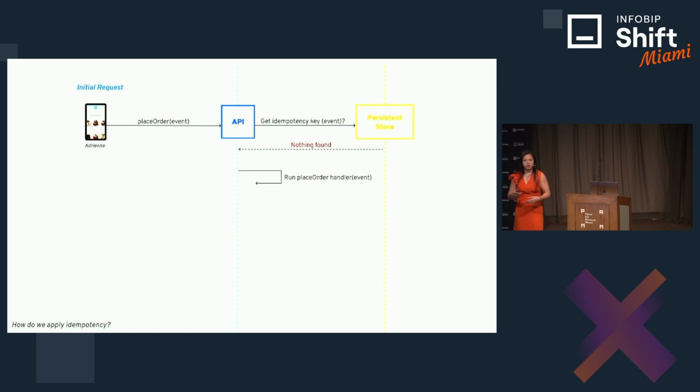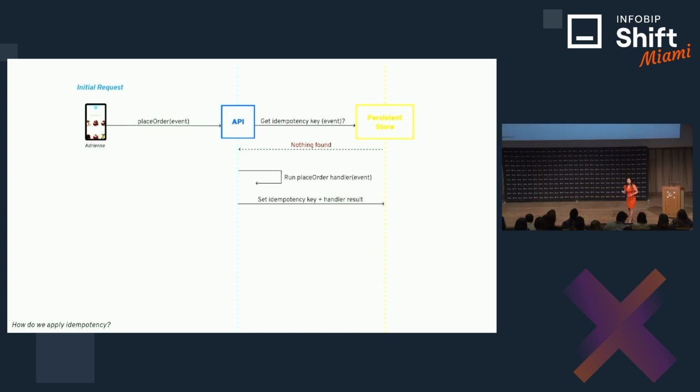It's going to place the order. It's going to do all of the things it will do based on it believing it's a valid request. What's also going to happen is that it's going to store that result. So that's very important because when we have something go through that's successful, we want to keep track of that. We want to know that this particular request has been sent and has actually been worked on.